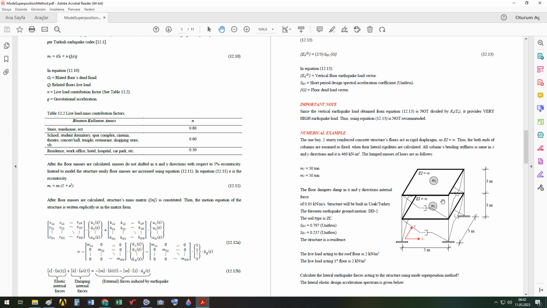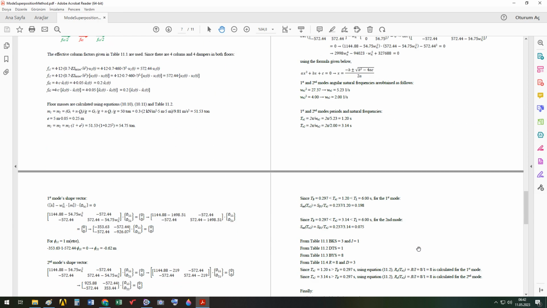The distributed load applies here on the floor, and floor dimensions are 5 meters by 5 meters. So 25, the distributed load is multiplied to find its concentrated value, the weight, and divided by the gravitational acceleration to convert it to a mass. As a result, I have this much value as the first and second floor masses.